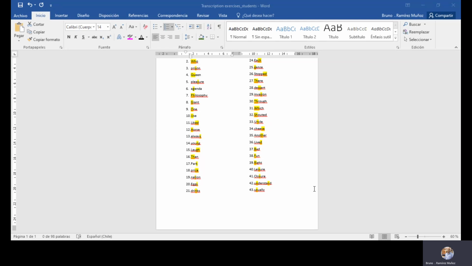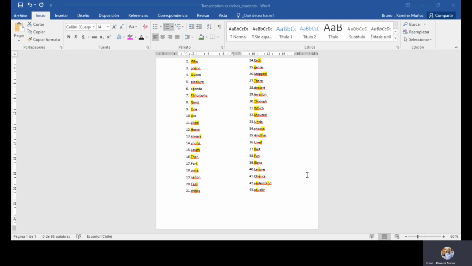In the word drinks, although the spelling is D-R-I-N-K, we have a different sound here, which is influenced by the following sound, which is a velar sound, right? So the velar sound is influencing the previous one, making this velar sound.